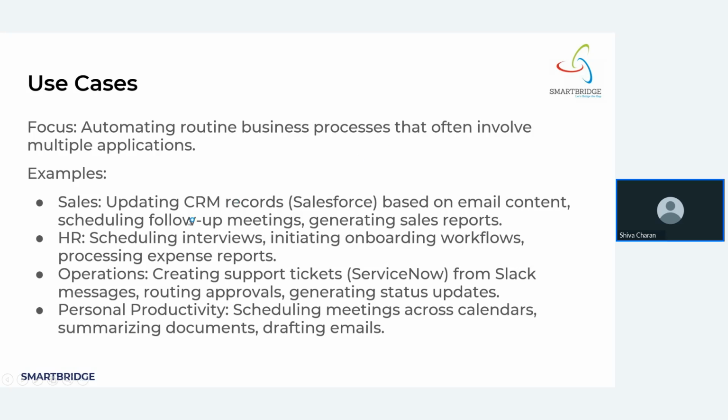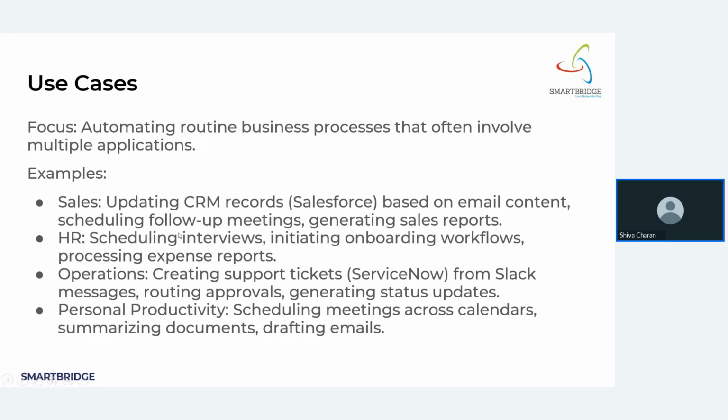What are the examples? In sales, in HR, in operations, there were some examples. In sales, how are we doing it? Updating customer relationship management records, like in Salesforce. By using Salesforce, we are directly updating the CRM. And based on email content, scheduling follow-up meetings and generating the sales report.